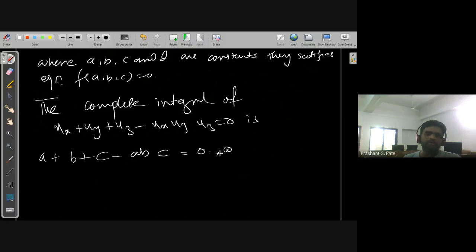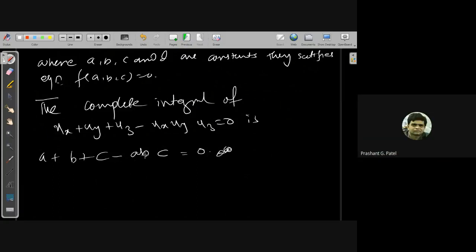So that is the solution, where you can write it in terms of c if you want. So that is what we got.